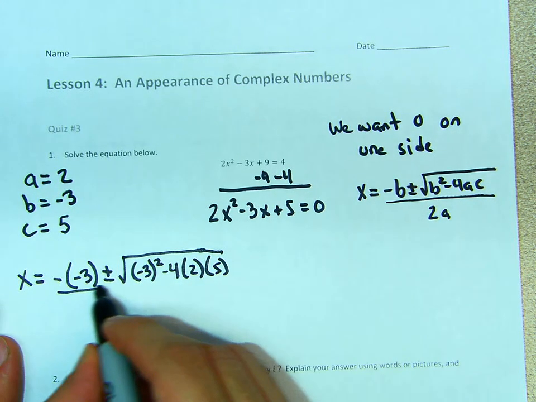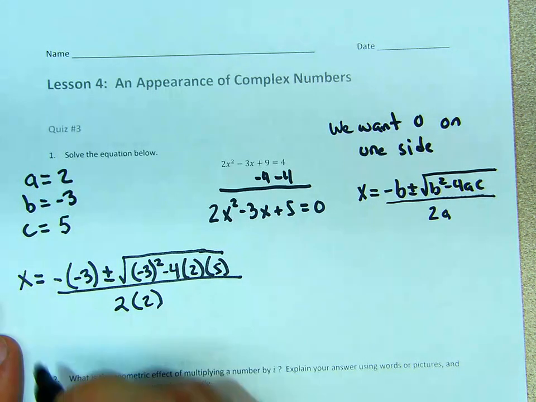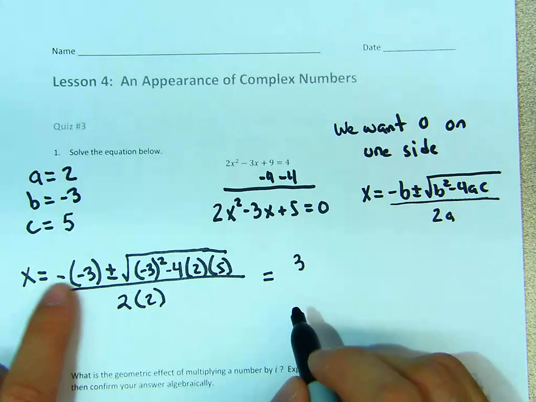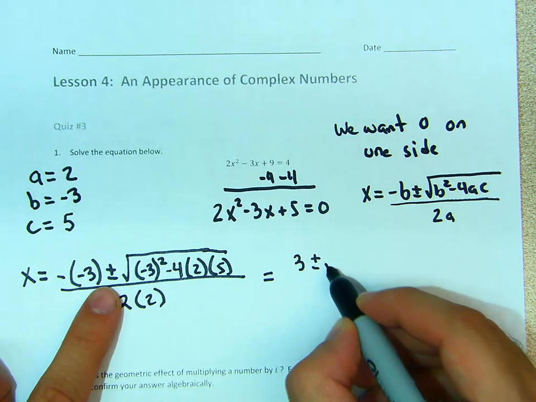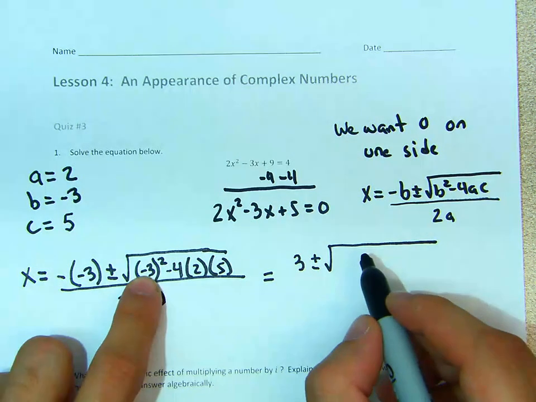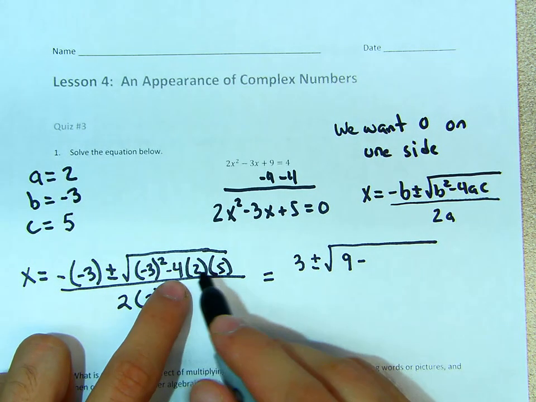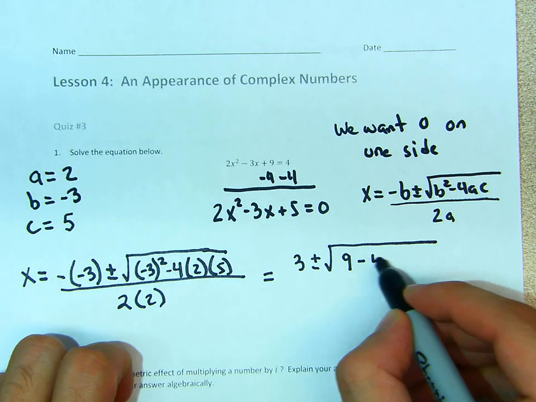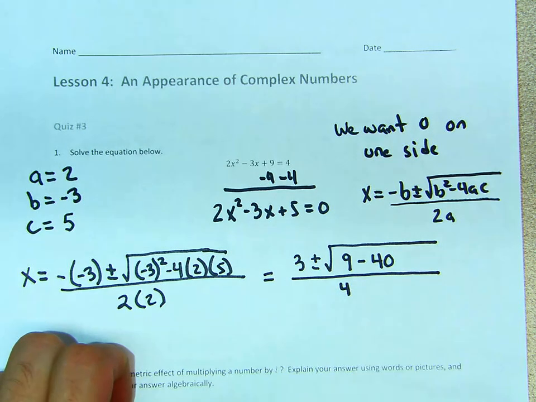And this is all over 2 times 2. Okay, so then this is equal to 3, negative times negative is positive, so this is positive 3, plus or minus the square root of negative 3 squared is 9, minus 4 times 2 times 5, this is 40, okay? And this is all divided by 4, okay?